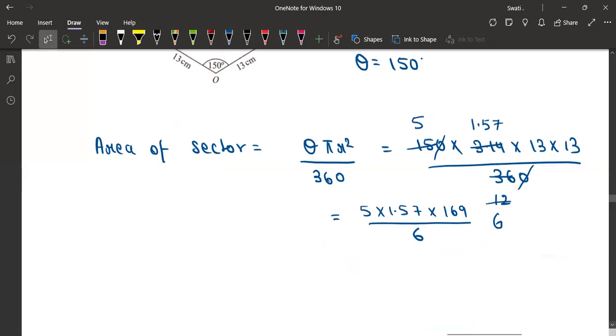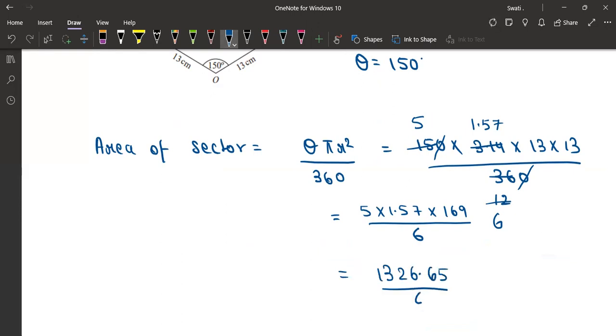If I do 5 times 1.57 times 169, the answer is coming 1326.65, and then divided by 6. 1326 divided by 6, the answer is coming 221.10833.